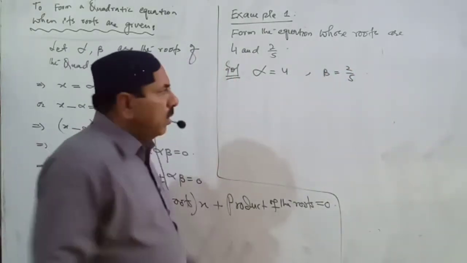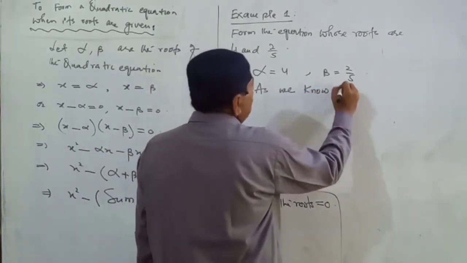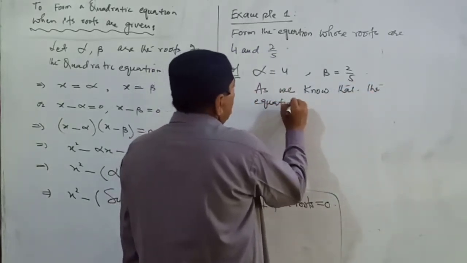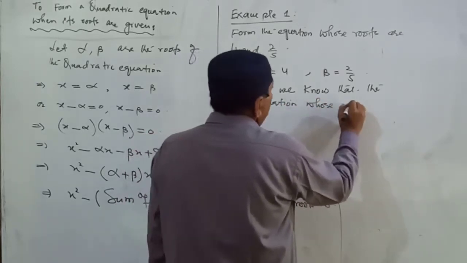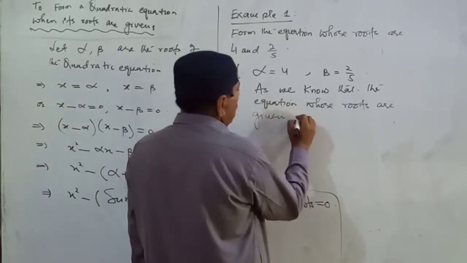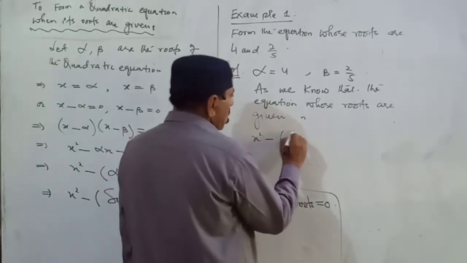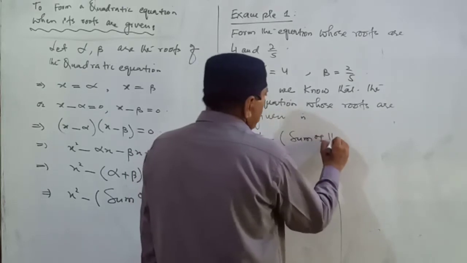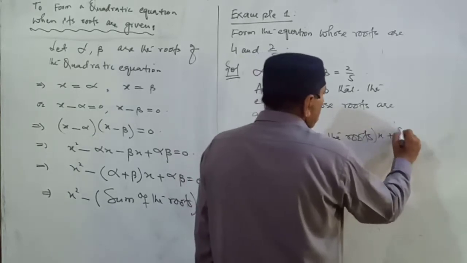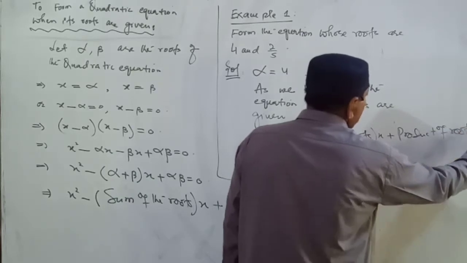As we know that the equation whose roots are given is x square minus sum of the roots x plus product of roots is equal to 0.